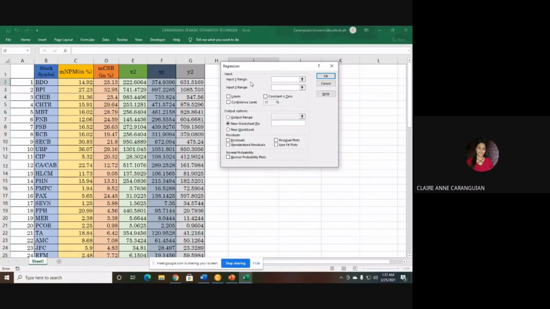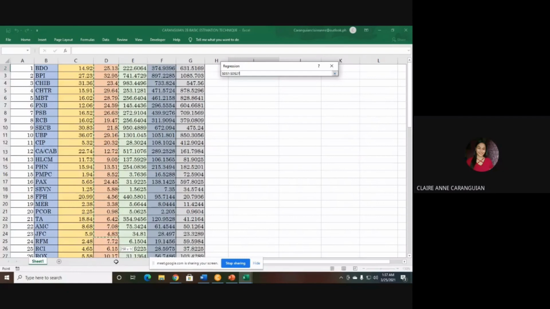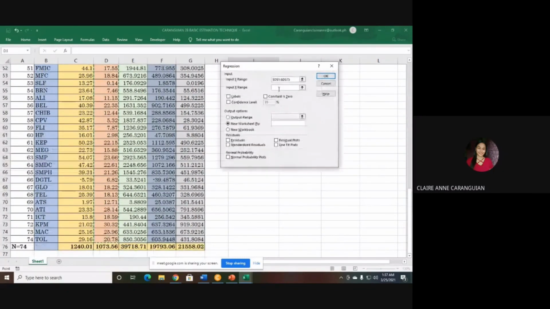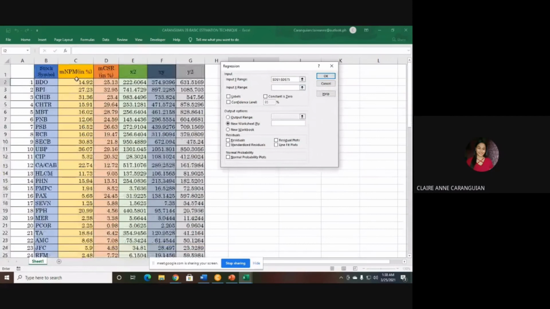So, input Y range. Alam natin kung saan yung Y value dyan. Yung Y value natin dyan is MCSCR. So, yan. Click mo lang yun. Then, click natin yung input X range. So, alam natin yung input X range, which is eto, yung mean net profit margin.